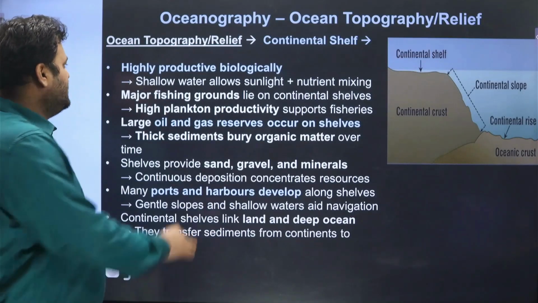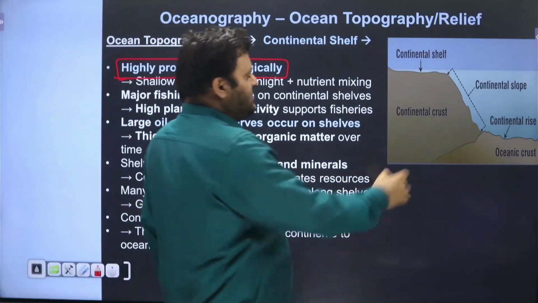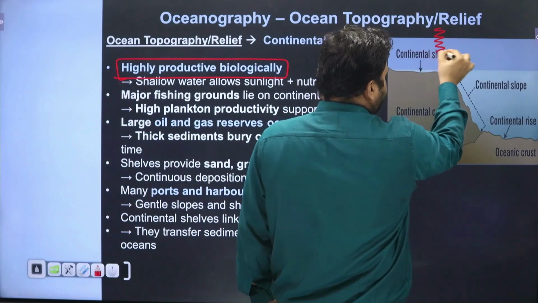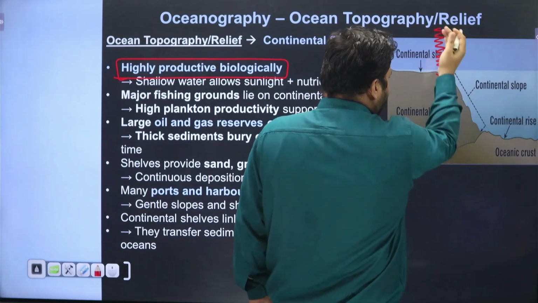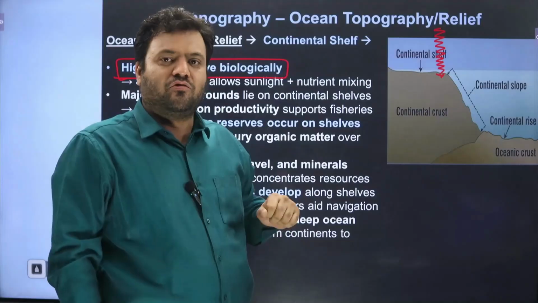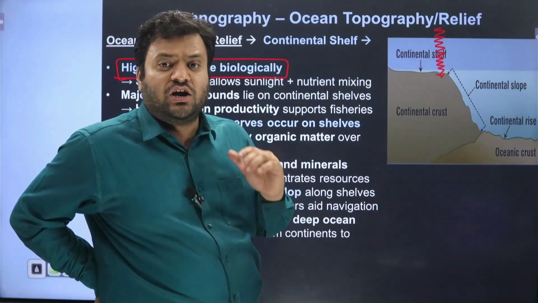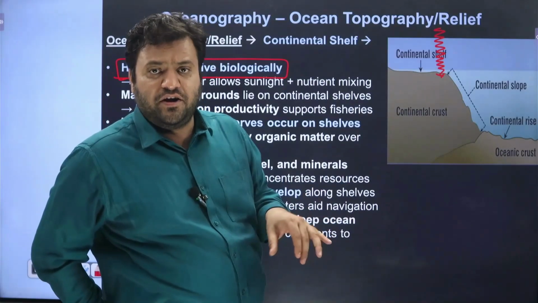Now this continental shelf is highly productive biologically. Why? Because insolation is able to penetrate up to a depth of 200 meters. And I told you that the depth of the continental shelf is roughly from 0 to 200 meters.